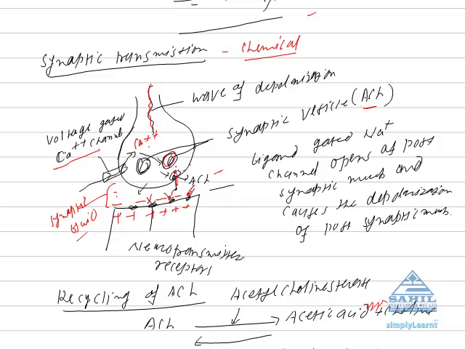In this way, a new impulse is generated at the postsynaptic membrane, and once the impulse is generated, it is conducted according to the law of conductivity.